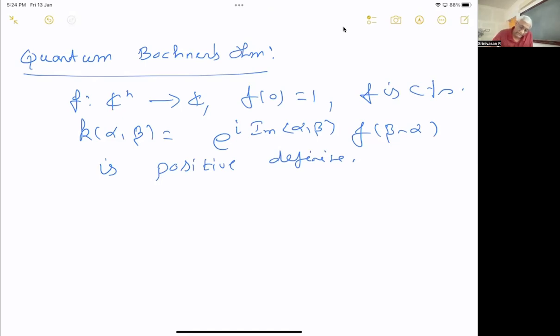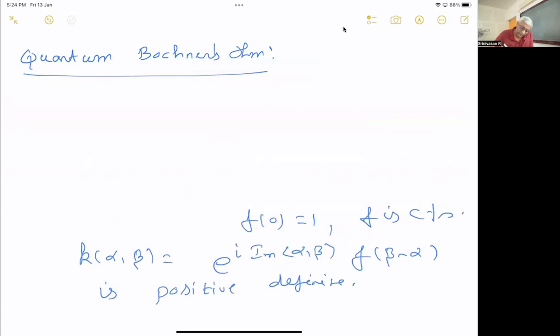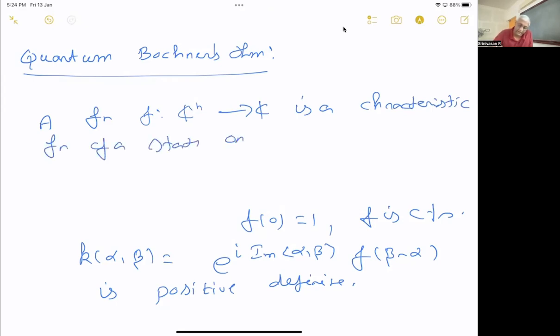So I forgot to say, a function f from Cn to C is a characteristic function of a state on our H, our L2 of Rn or gamma of Cn, if and only if f satisfies this condition: f of 0 equal to 1, f is continuous, and this function is positive definite.